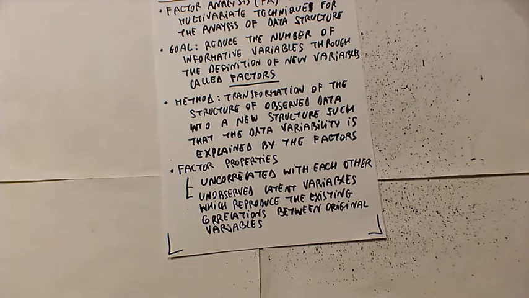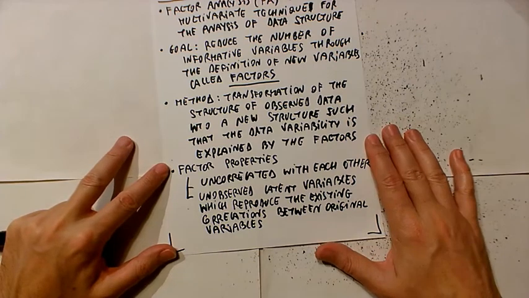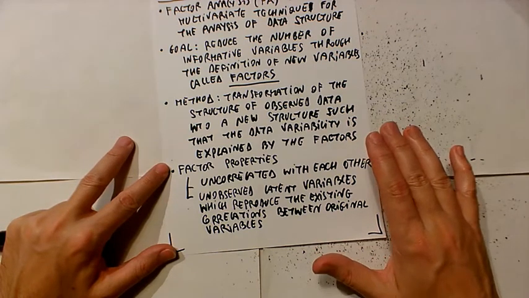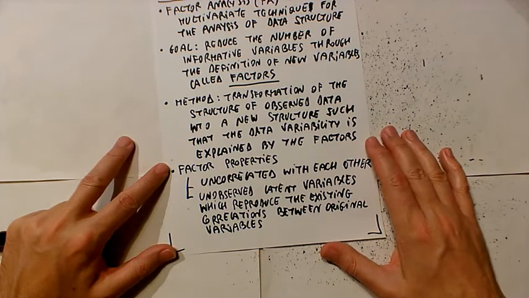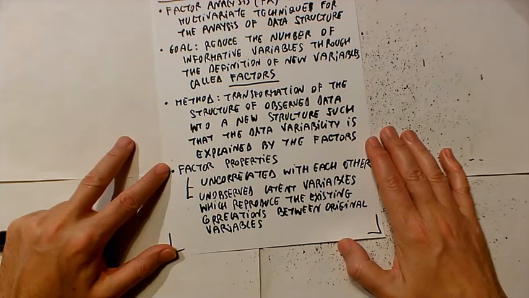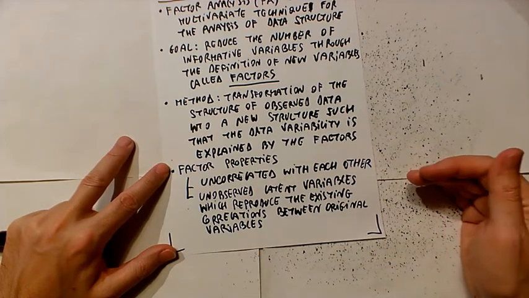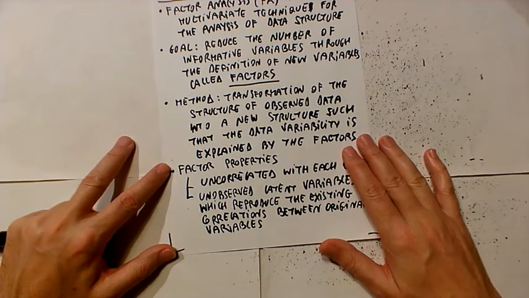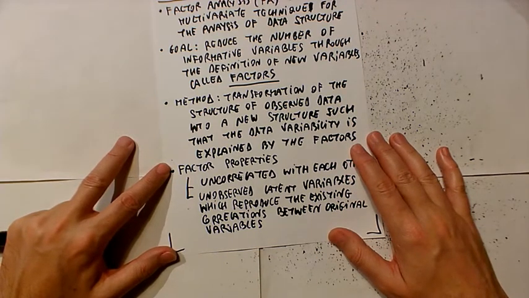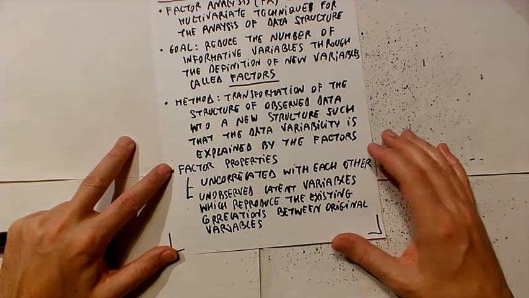Another aspect is that the final output of a factor analysis, and this is typical of explorative methods, typical also of cluster analysis, for example, another explorative method, is that you can get a different final output that satisfies the original conditions to which you have constrained your analysis.